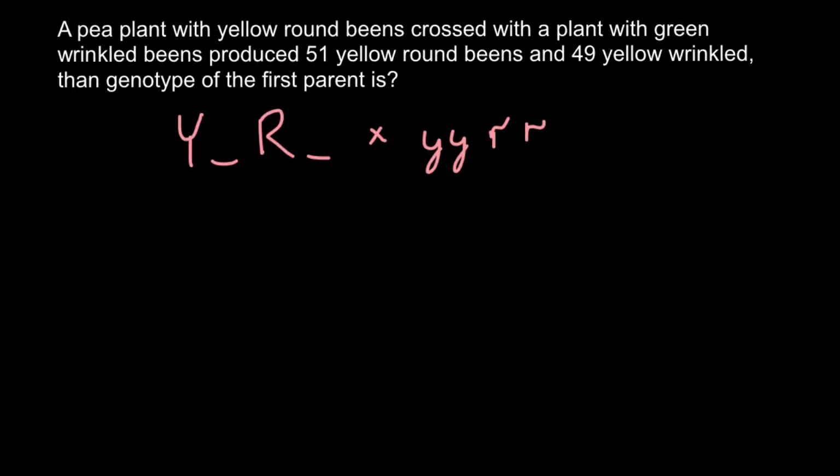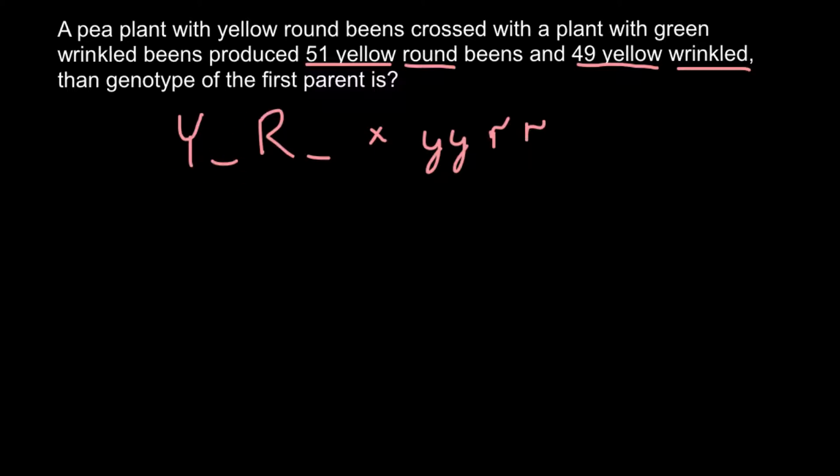So we know that in the progeny we got 51 yellow and round and 49 yellow and wrinkled. Now we have to ask ourselves: can we get 100% of the progeny to be yellow if this parent is heterozygous? Here we would have small y.